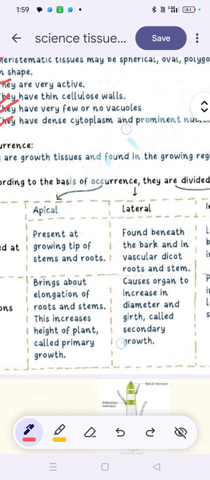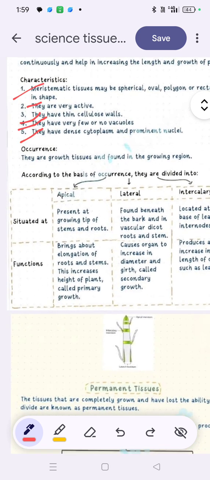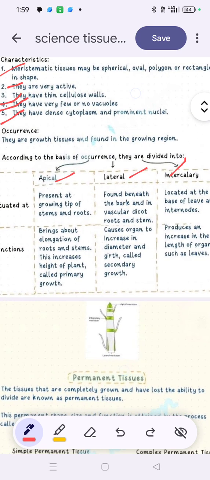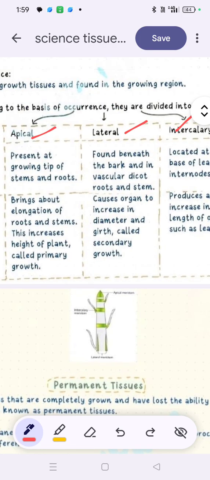Then meristematic tissue is divided on the basis of regions: apical meristematic, lateral meristematic, intercalary meristematic. Apical is present at the growing tips of stems and roots. This is apical meristematic tissue.